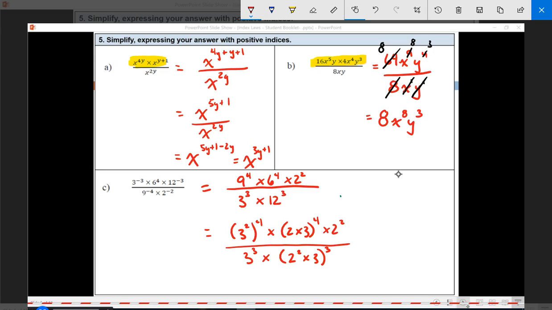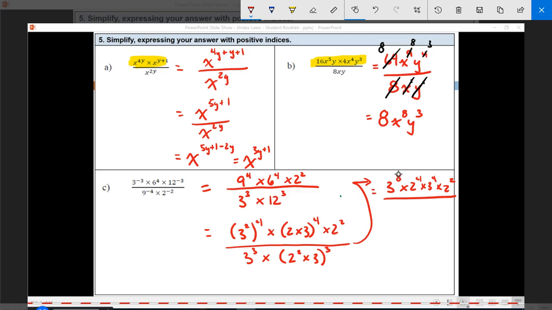Okay. Now, guys, what does 3 squared to the 4 become? 3 to the 8. 2 to the 4, 3 to the 4 times 2 squared. Okay, did you see how I distributed the 4 from 2 times 3, the index, to both the 2 and the 3?